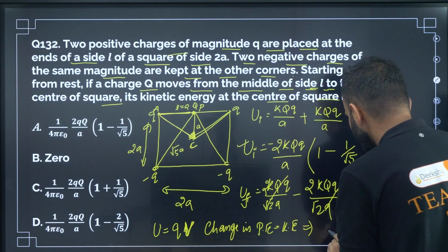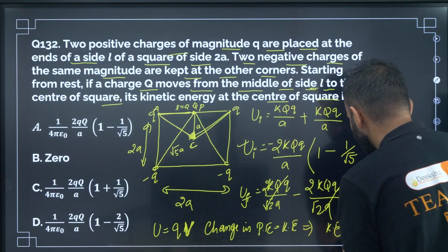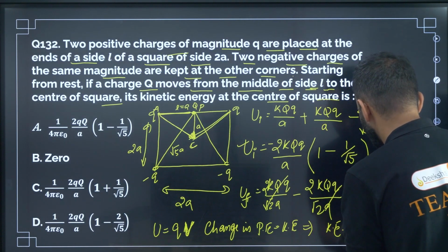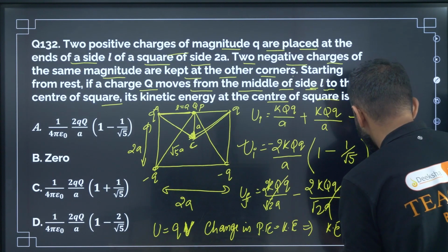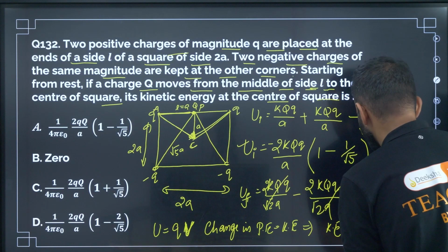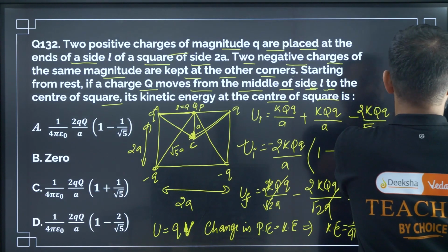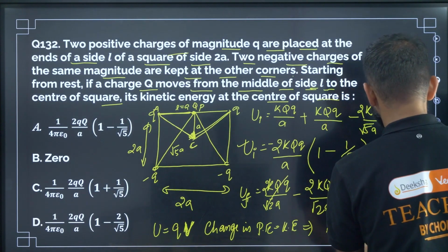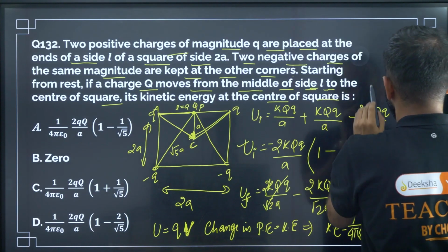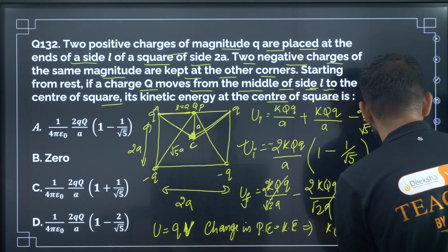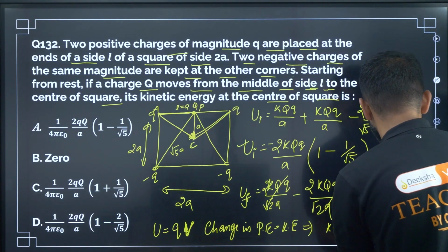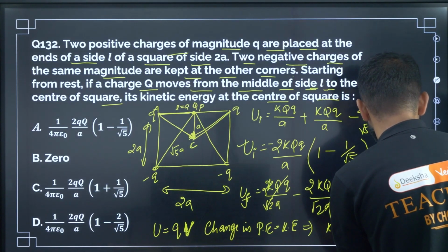So kinetic energy is equal to 1 divided by 4 pi epsilon naught into 2qq divided by a into 1 minus 1 by root 5.